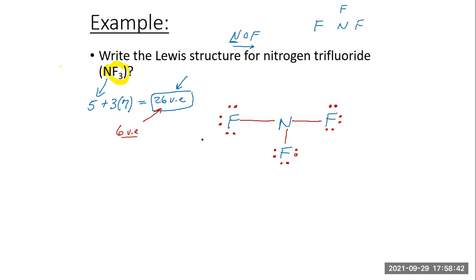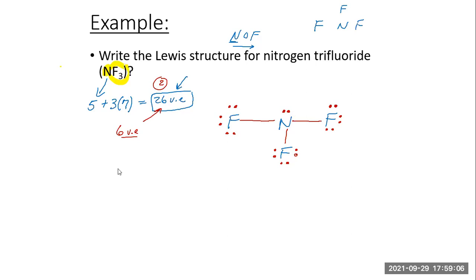At this point, I have put on there 24 electrons. I still got 2 more to go. Since everybody on the outside is filled, I now move to the center atom, which is the nitrogen, and I also put it on as a pair of electrons. I have now placed all 26 of my electrons.